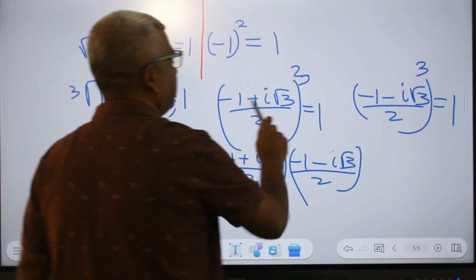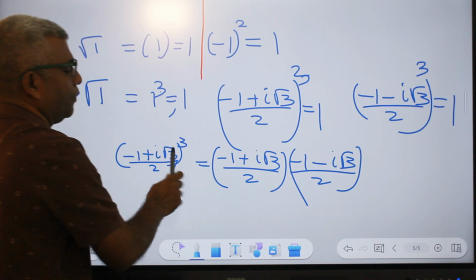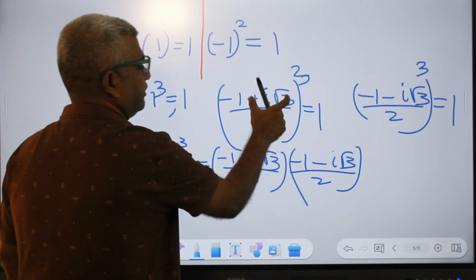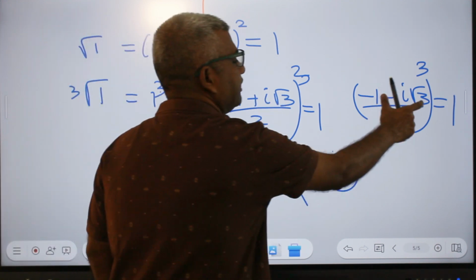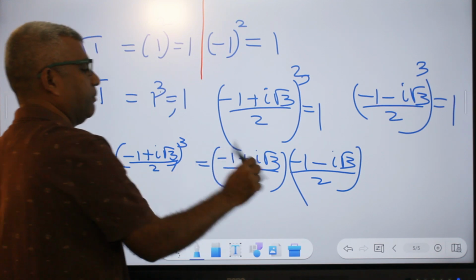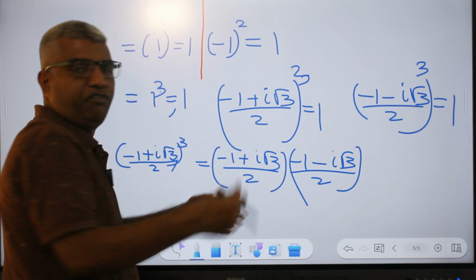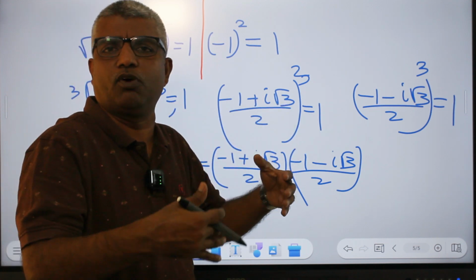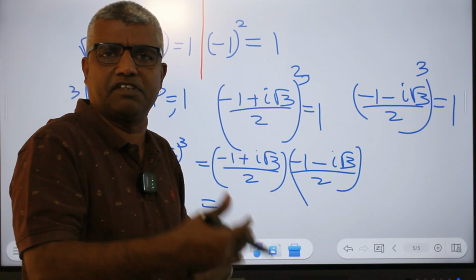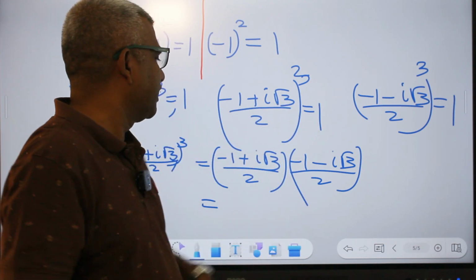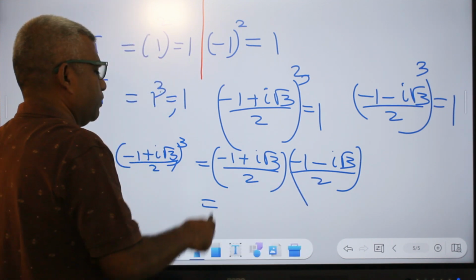Because we already found this square, the cube is this one times the square of this one. Just multiply it. I simplified the step. Otherwise you can do (a plus b) whole cube: a cube plus 3a squared b plus 3ab squared plus b cube. You can do it, but I simplified how to do it.